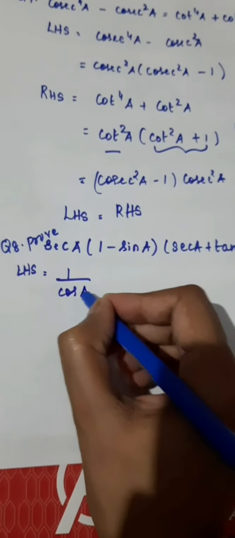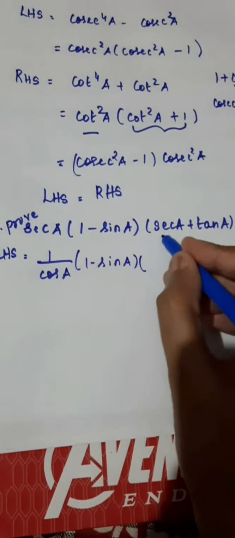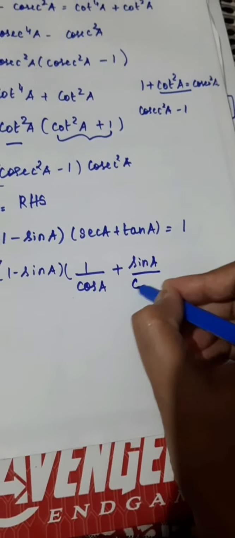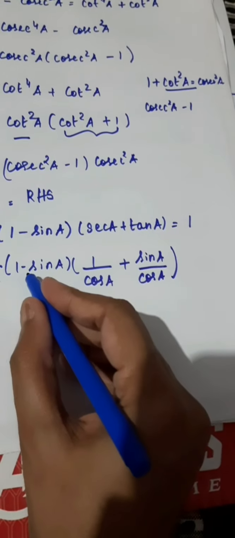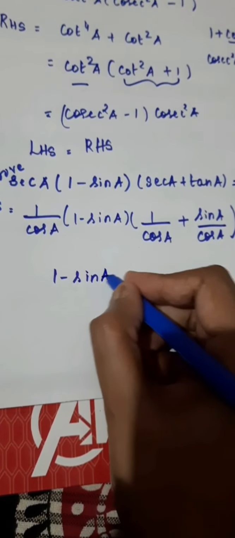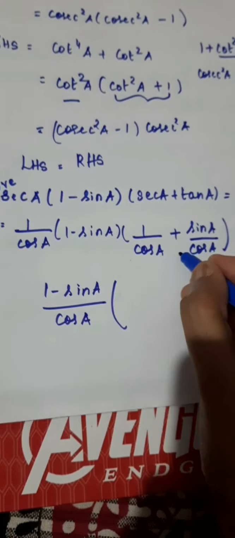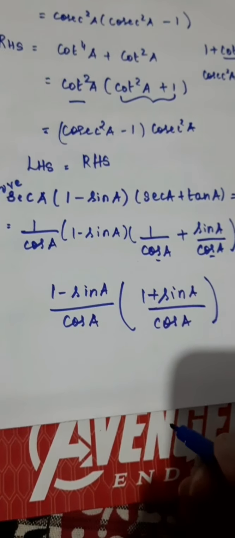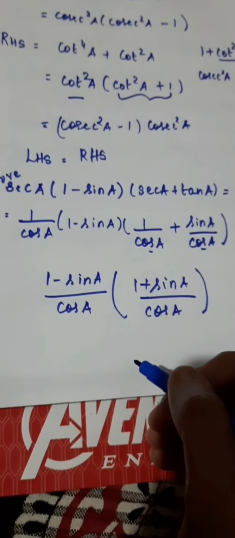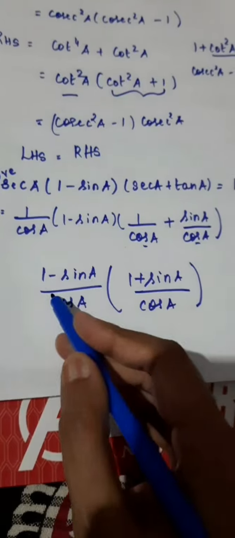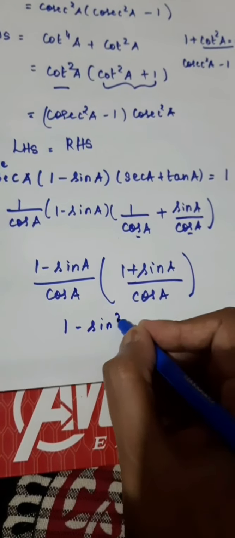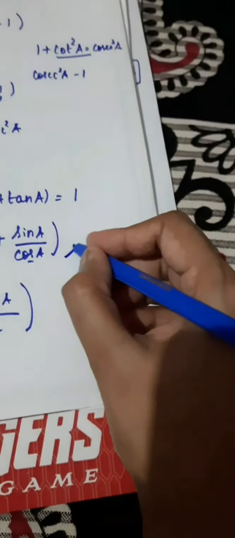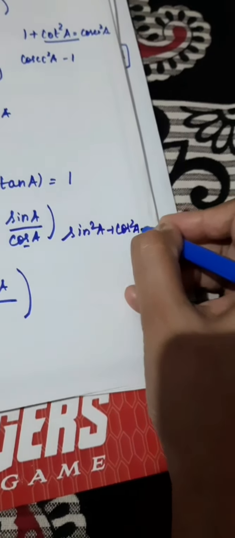Secant A can be written as 1 by cos A, into 1 minus sin A, into secant A, written as 1 by cos A, plus tan A, which can be written as sin A by cos A. So this is of the form 1 minus sin A by cos A into, LCM is the same, 1 plus sin A by cos A. So 1 minus sin square A by cos square A. Sin square plus cos square we know is 1.